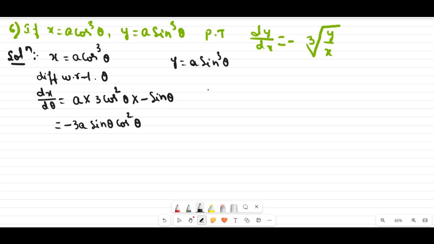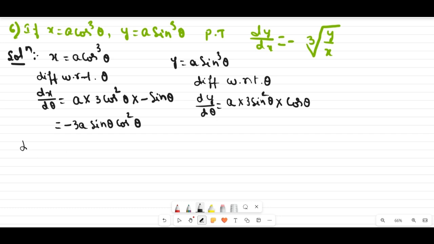This is dx by d theta. Next, I will differentiate y with respect to the parameter theta. So dy by d theta is equal to a constant, then the derivative of sin cube theta is 3 sin square theta, the power is over. Now the derivative of sin theta is cos theta.